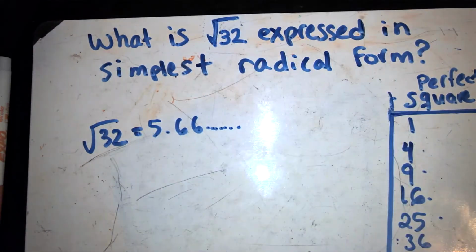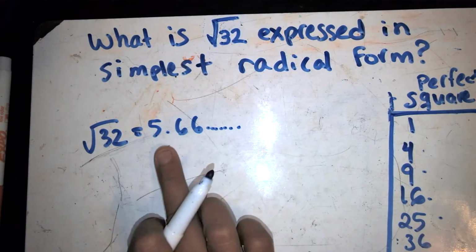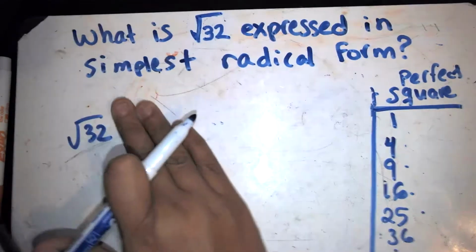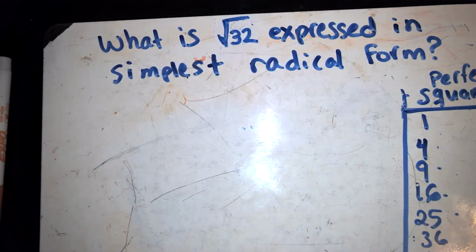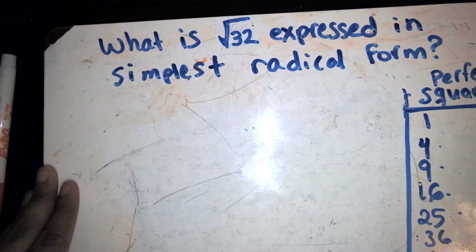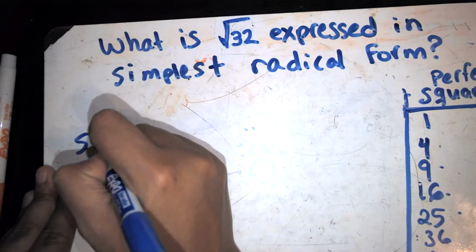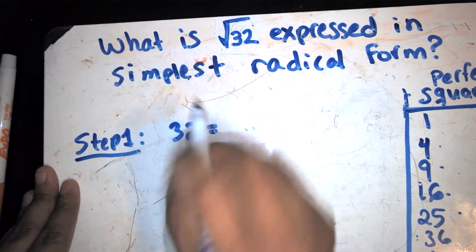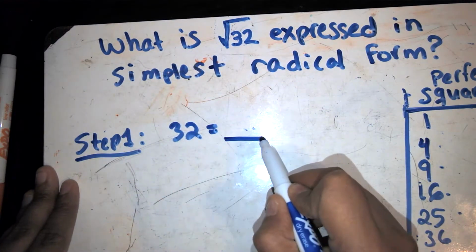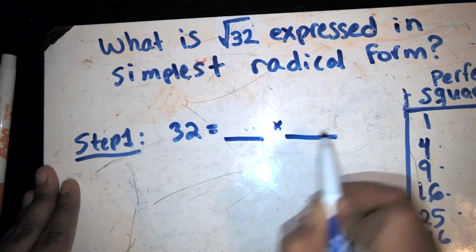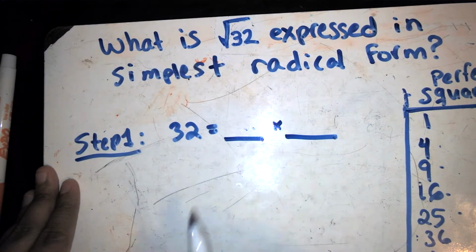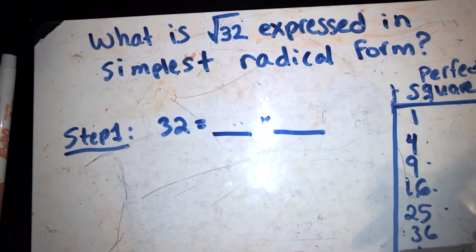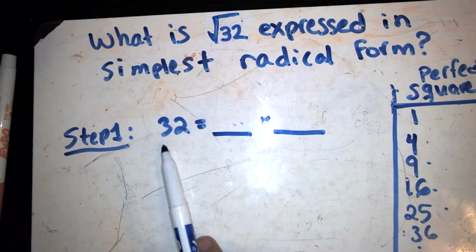It goes on forever, so we can't write down a number that goes on forever. So the best way that we can do it is find two factors that multiply to 32 such that one of the factors is a perfect square that we can simplify into a whole number. So, once you've created your list of perfect squares, you divide.